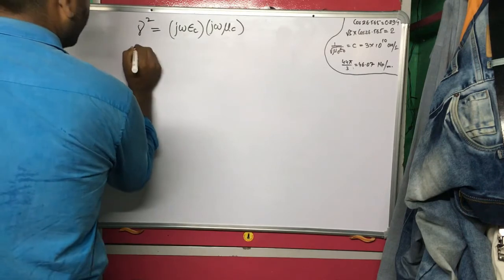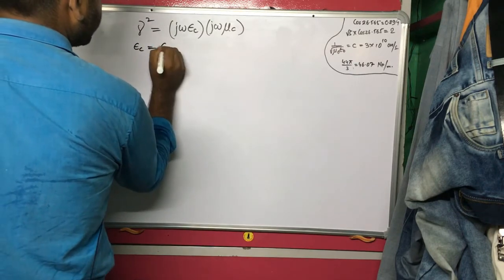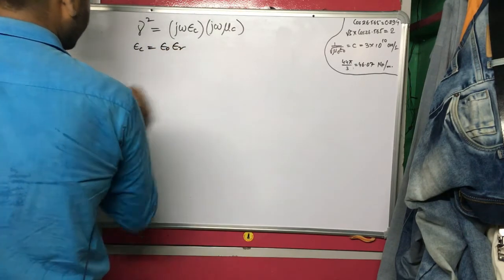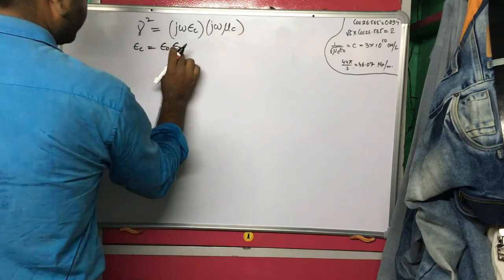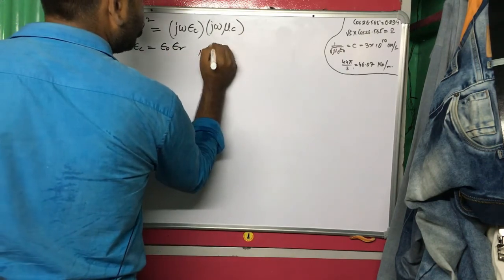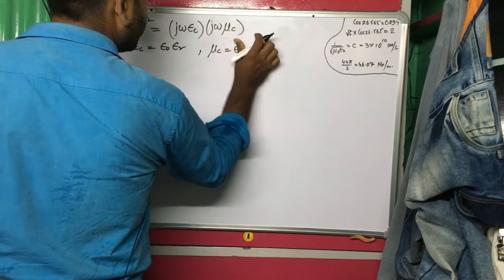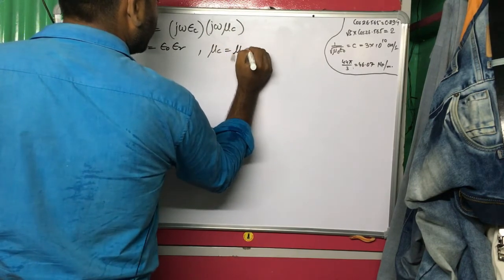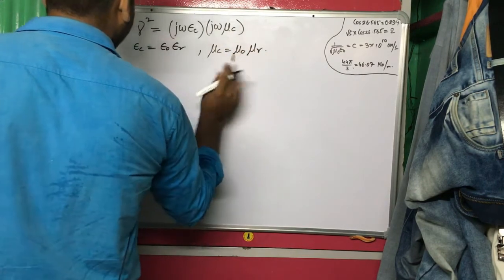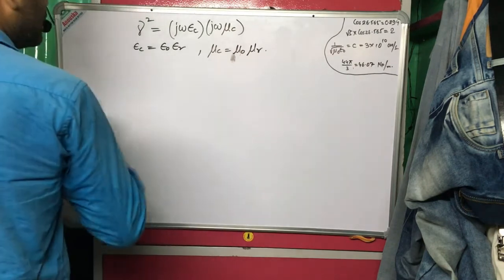So epsilon c is basically epsilon naught into epsilon r, where epsilon r is a complex number, and mu c is mu naught into mu r, and mu r is also a complex number, okay.